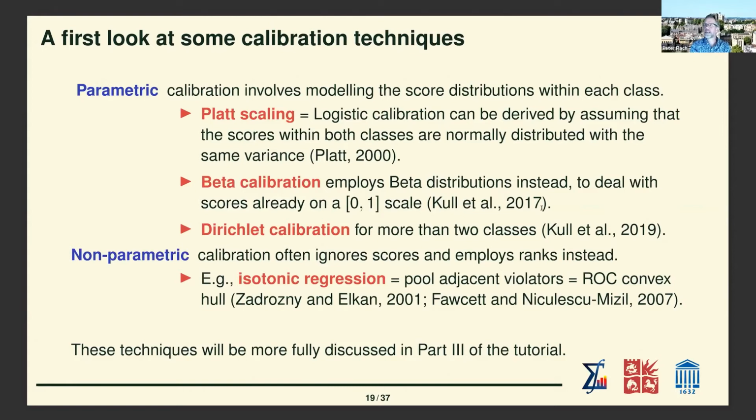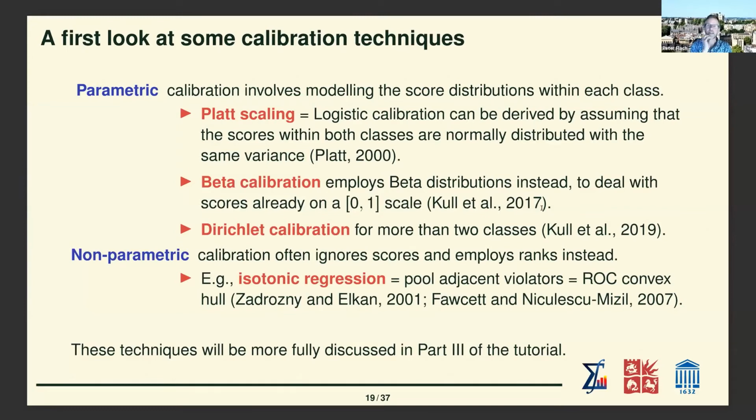Strictly speaking, we only have to model ratios between those score distributions. So modeling the exact score distributions is sufficient, but not strictly necessary. And here Platt scaling is very well known, because that is about converting the scores from a support vector machine, which is geometric distance and not a probability in any sense, to probabilities in a sigmoidal way.